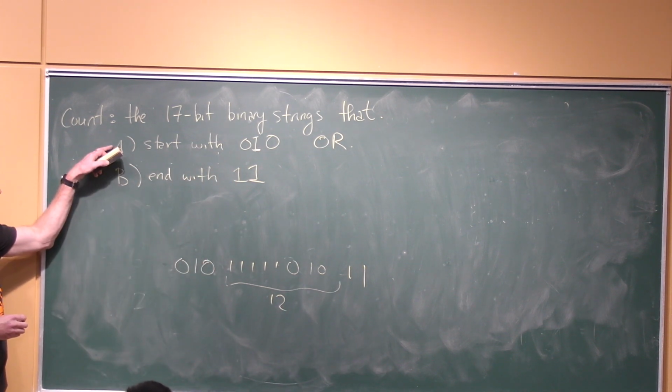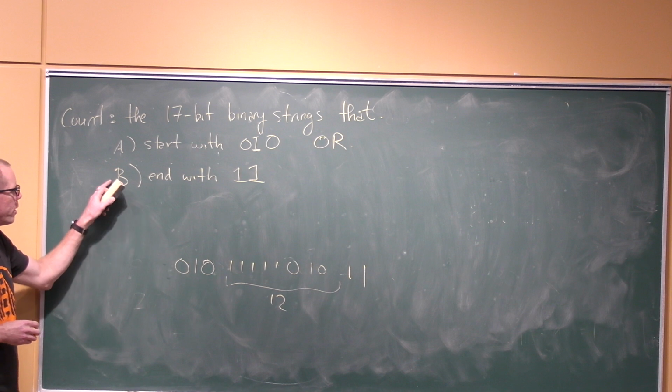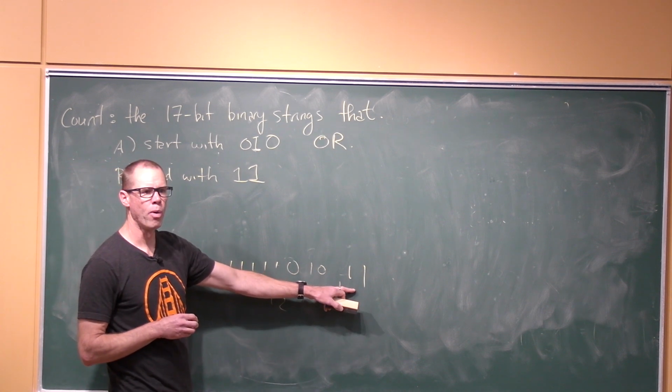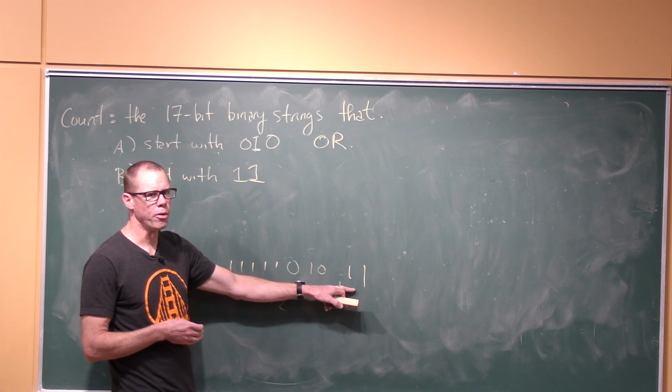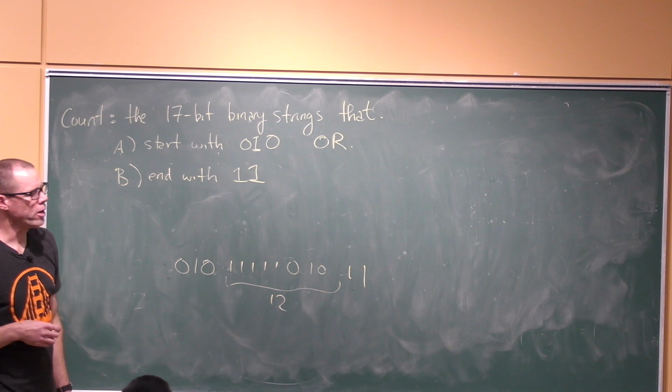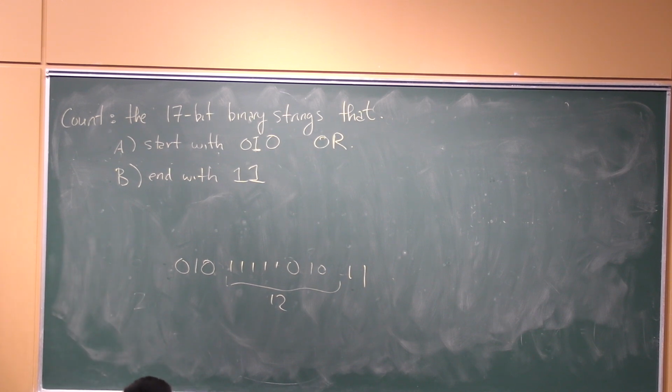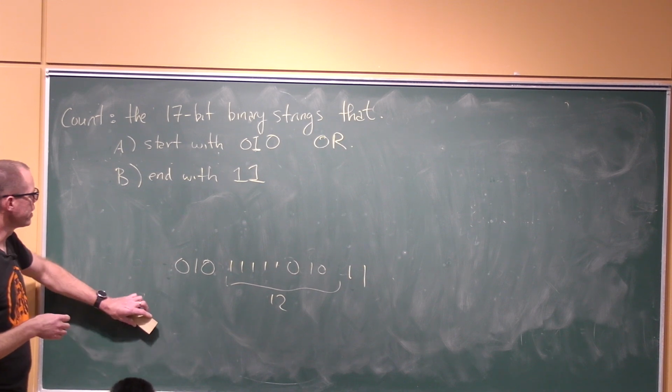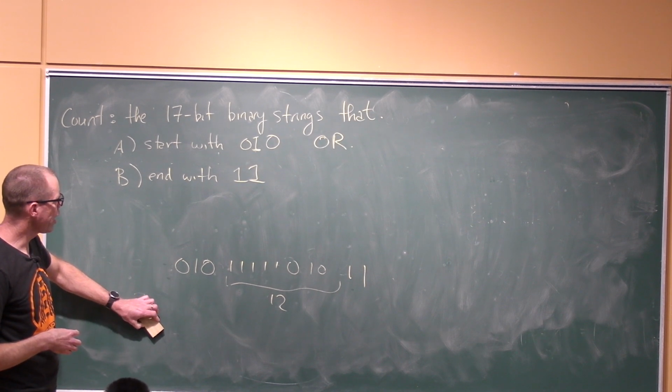This is in the set A because it starts with 0, 1, 0, but it's also in the set B because it ends with 1, 1. So it's something that we should count, but we only want to count it once. Okay? So we don't get away just using the sum rule. Instead, we have to use the principle of inclusion-exclusion. And now we need to figure out the sizes of these sets A, B, and A intersect B.